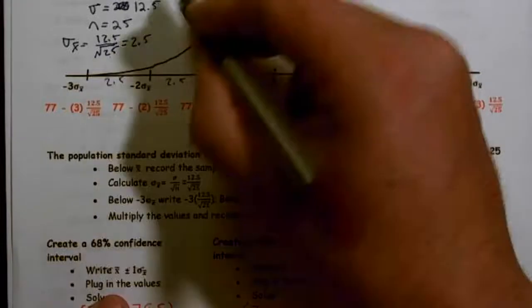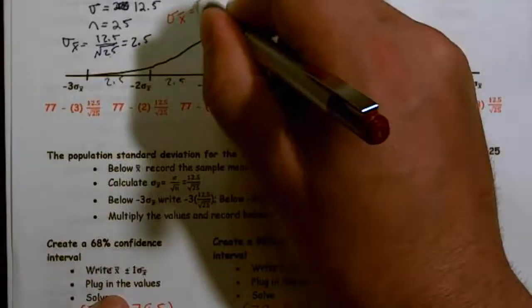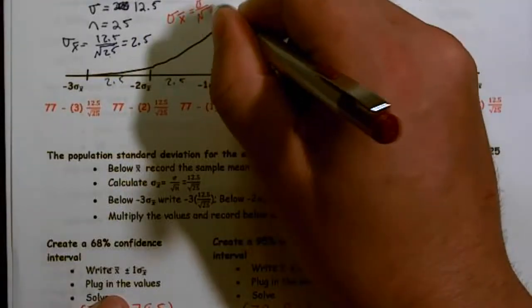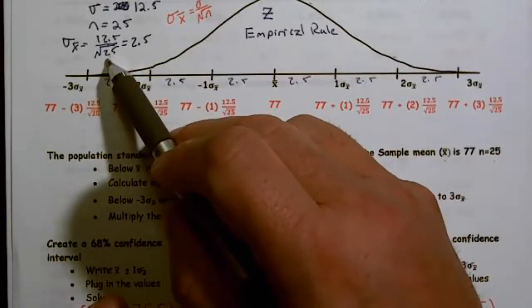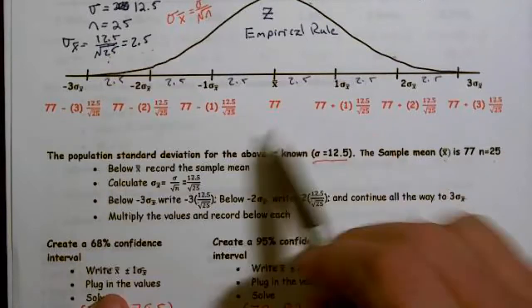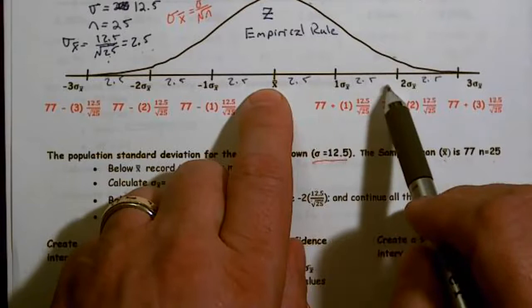And if you'll remember, the standard deviation of the sample means is the standard deviation of the population divided by the square root of n. So 12.5 divided by the square root of 25 gives us 2.5. So the distance is 2.5 between each one of these.